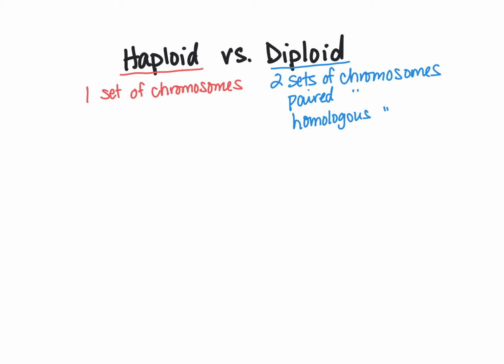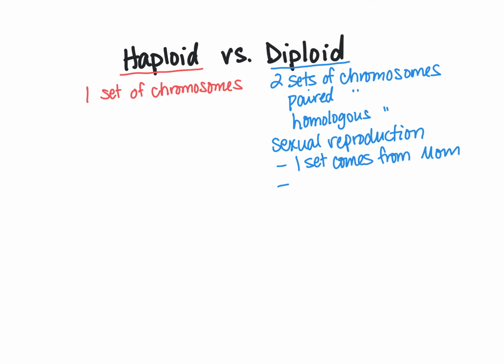The paired homologous chromosomes come from sexual reproduction. So one set comes from one organism and one set comes from a different organism. So we typically say one set comes from mom and one set comes from dad.